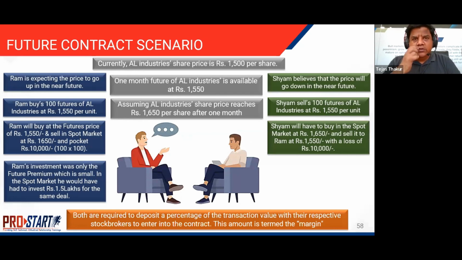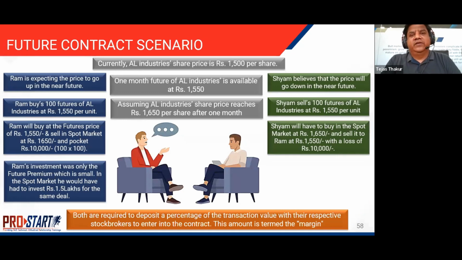He would have to put that amount, 1.5 lakhs, and he would still get the same thing, which is 10,000 rupees profit. Now he's paying just a small margin amount, and on that margin amount, he's getting 10,000 rupees. So that is where the gains are much, much higher here.